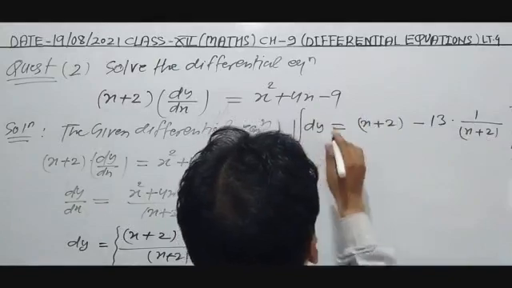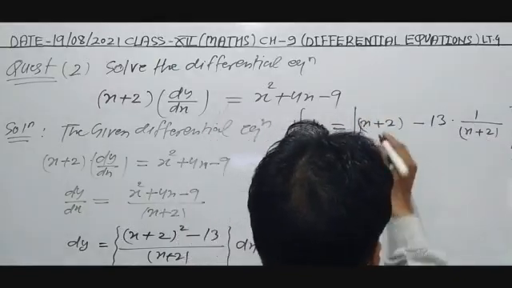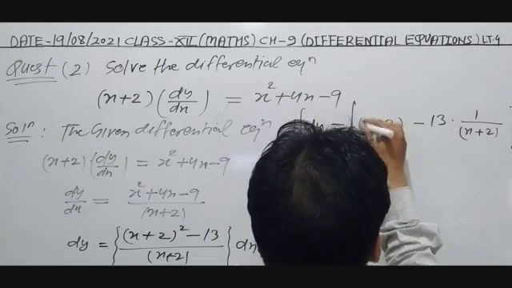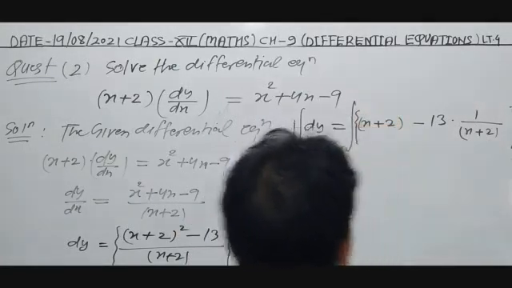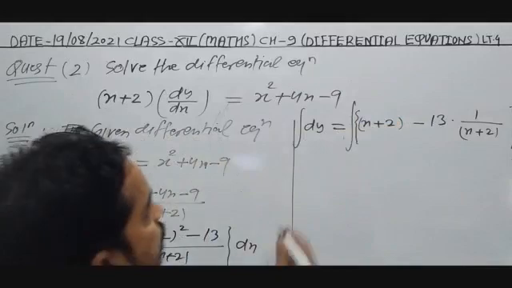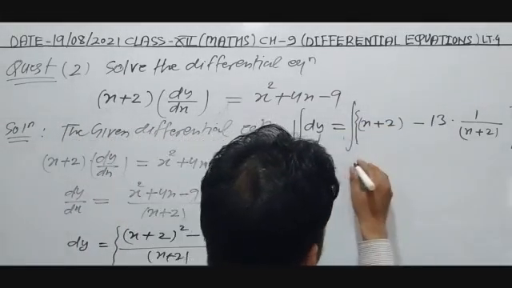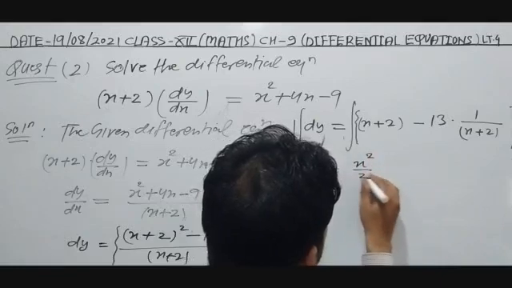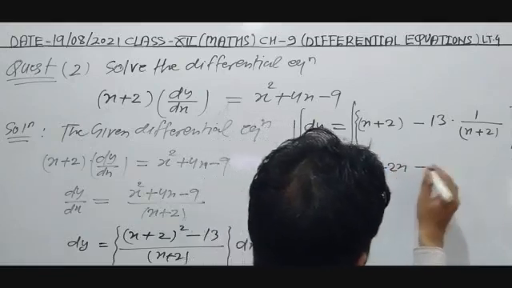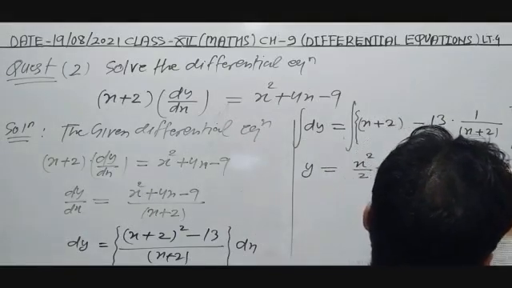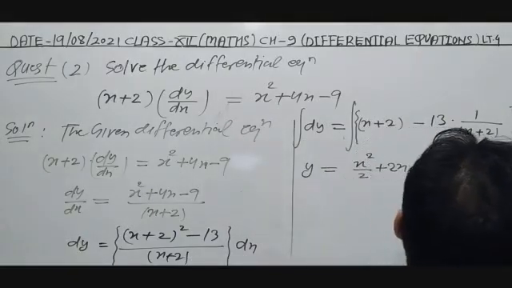And now you will operate the integration sign. Now integration of dy, you know that is y, and integration of x + 2 will be x²/2 + 2x, and now minus 13 times log of mod of x + 2, and now plus c.